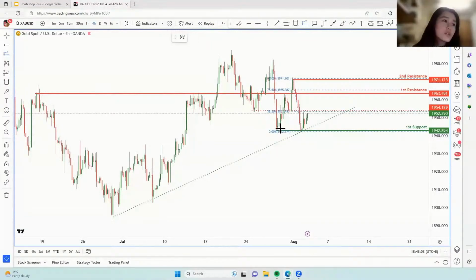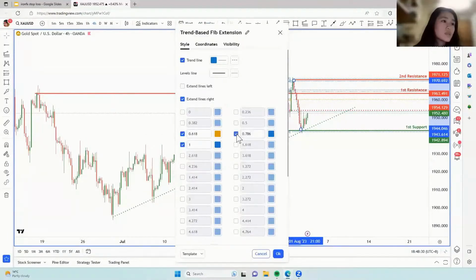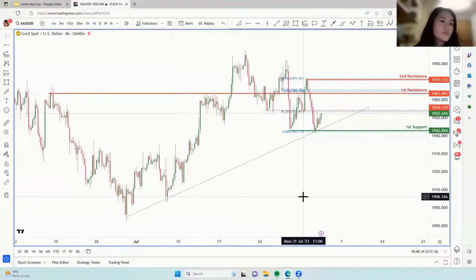Okay, next I'm going in with a Fibonacci projection. So for Fibonacci projection, we use these 3 levels, 100, 78.6, and 61.8. Okay, my 78.6 lines up with my first resistance.